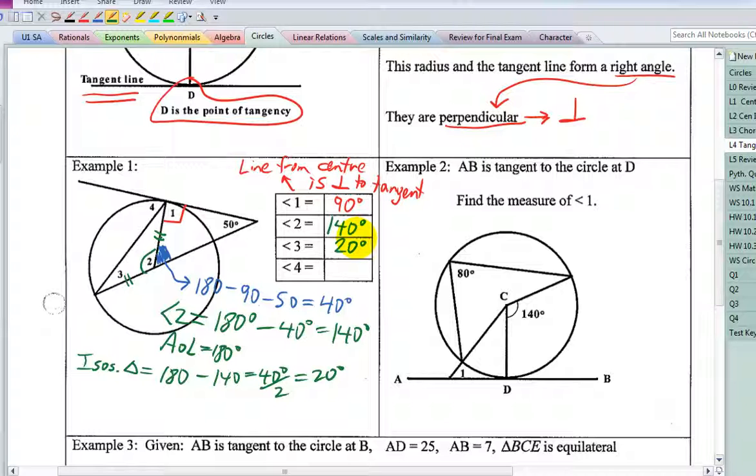How then would we find angle 4? Again, we can't find it directly. But what else do you have to know about this angle here? Yeah. You have to know that this green angle is also 20 degrees because it's a base angle. Okay. So then, what else do we know about angle 4 and this green angle?